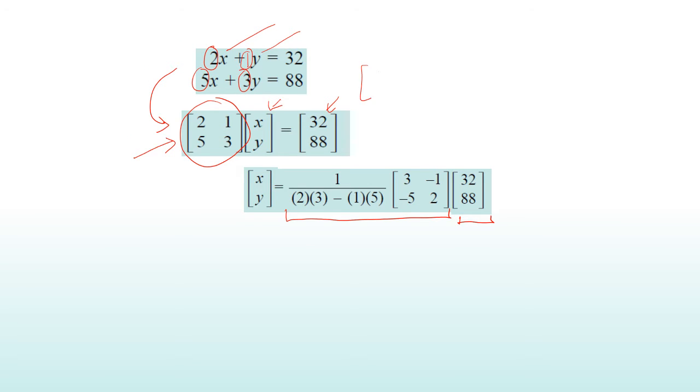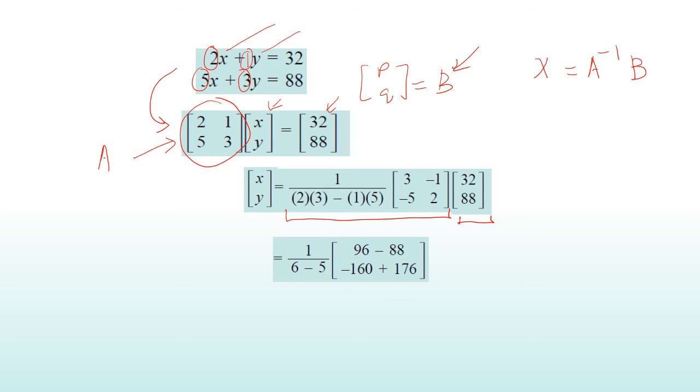If you still remember, this is your A, if you still remember last time, and this is actually your B. The formula is your XY will be the inverse of A times the matrix B, matrix B is this one. Okay, then you solve it. You multiply this one first, you get this, and then you solve it, you'll get this one.